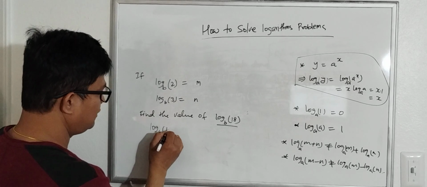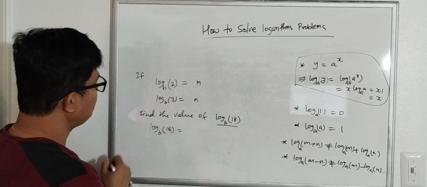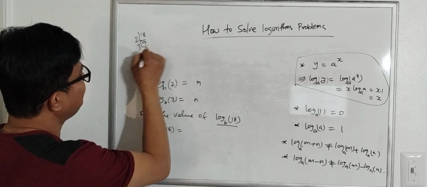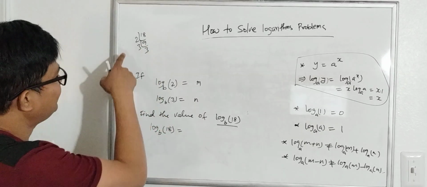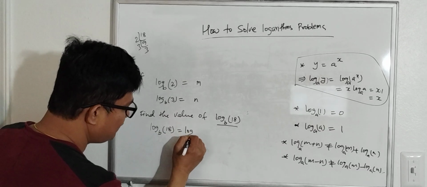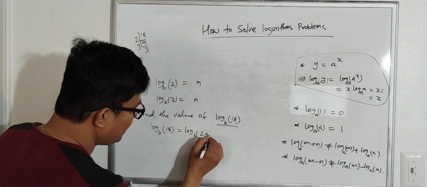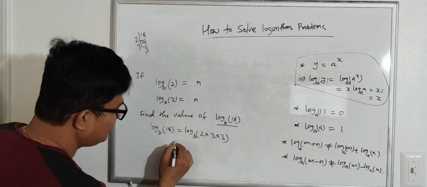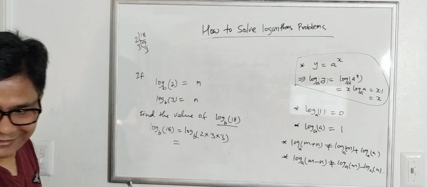Log base b of 18. So think about 18: 2, 9, 3, 3. Correct? I have 2 times 3 times 3. So log base b of 2 times 3 times 3. Can I do this?